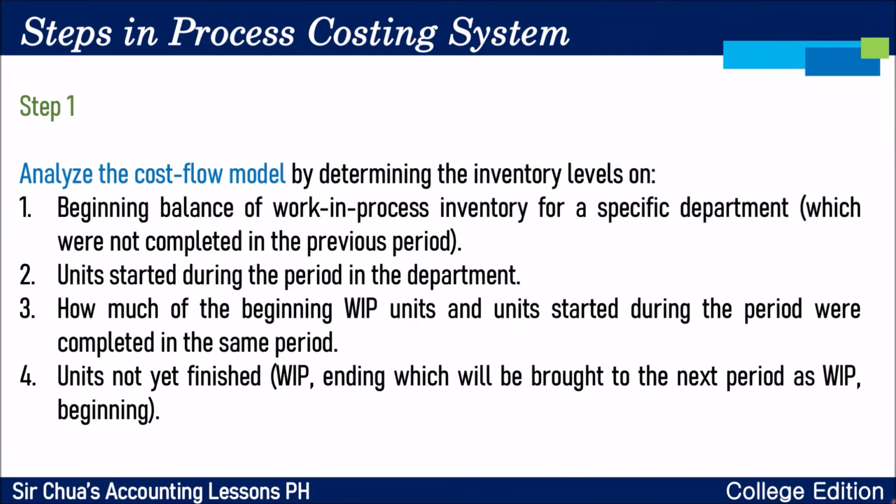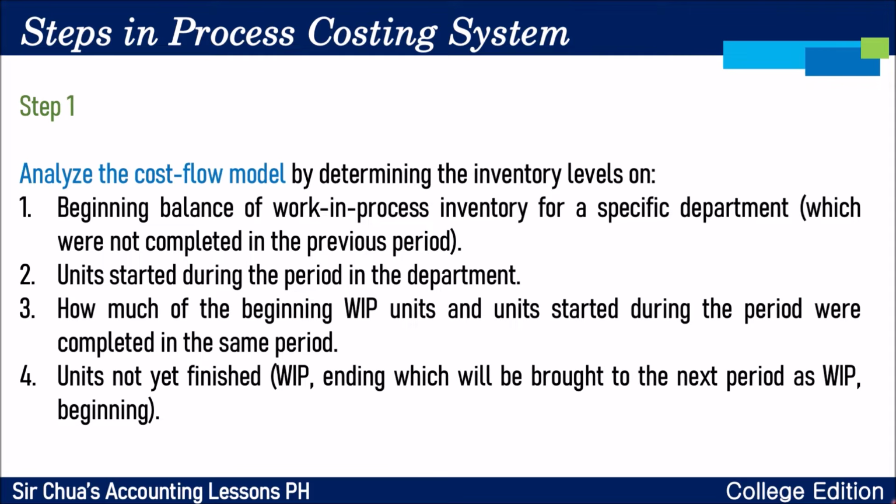Kasi, syempre, inaabutan tayo ng end of the accounting period. So, nagkakaroon tayo ng beginning balance ng work in process inventory. Ano yung beginning balance na yan? Yan po yung mga hindi pa nakumpleto in the previous period kaya na-bring siya sa next accounting cycle. Okay? And that will serve as your beginning balance of work in process.